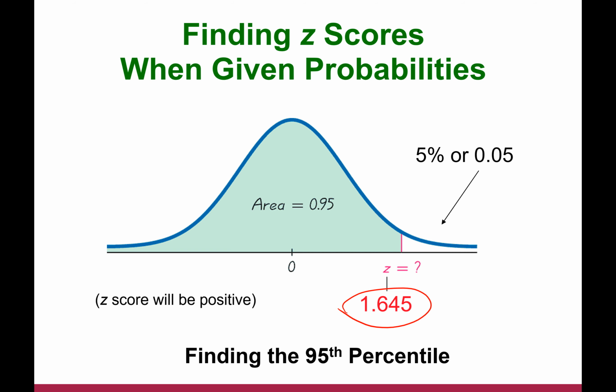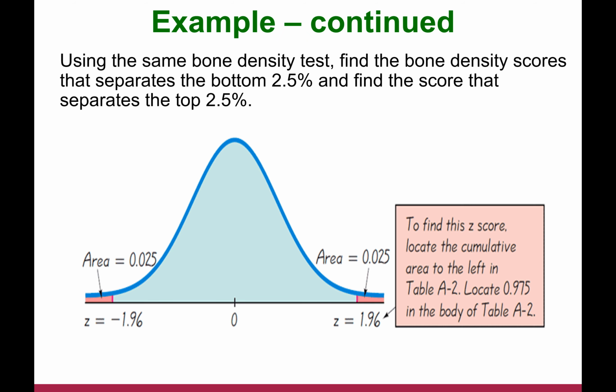You go back to the center of table A2 and trace back down to the z-score. Using the same bone density test, find the bone density score that separates the bottom 2.5% and a score that separates the top 2.5%. So 2.5%, if you turn it into a decimal, turned out to be 0.025.